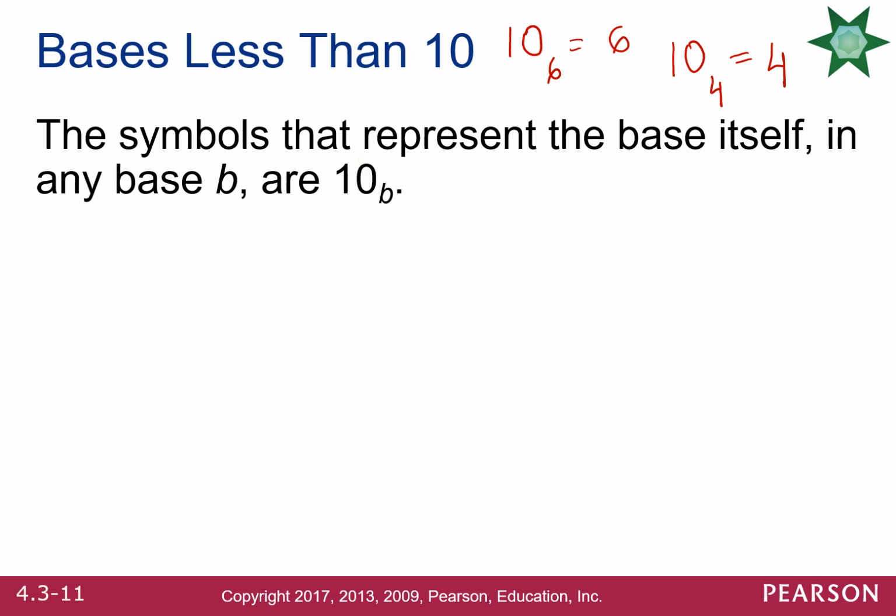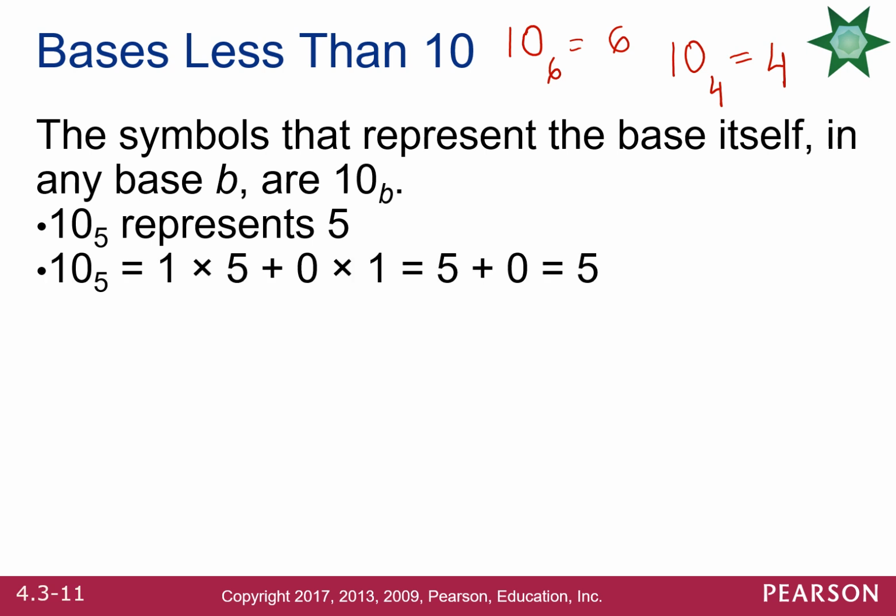All right, so here it says 10 base 5 represents 5. How? Let's look at the next line here. It says 10 sub 5 is equal to 1 times 5, plus 0 times 1, correct? So we multiply each digit by its positional value. So if it's a base 5, let's look at the positional value.